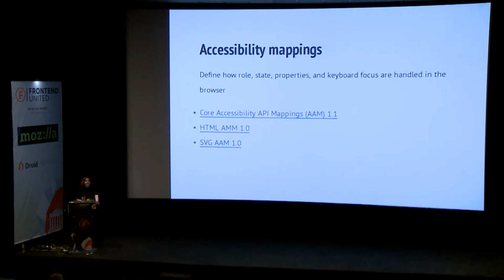And these relationships between common application or software interface components and the things we create typically in the browser are all documented by the W3C. So if you use an HTML element or even an SVG element, you can go and find out what it maps to, what its accessibility information should be in the browser.